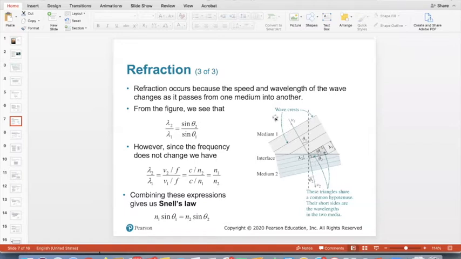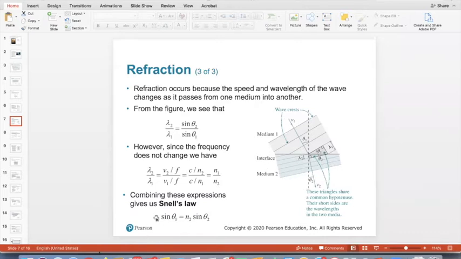And the relationship between all this is called Snell's law. This is the one formula you want to write down. N1 sine theta 1 equals N2 sine theta 2. You may have seen this back in 8th or 9th grade science class. You may have actually done this before. So this is side 1, this is side 2.